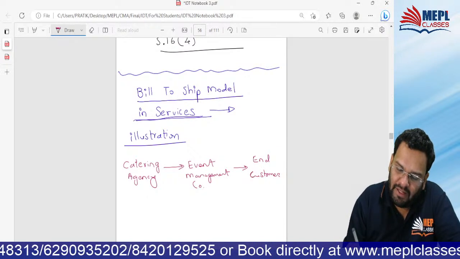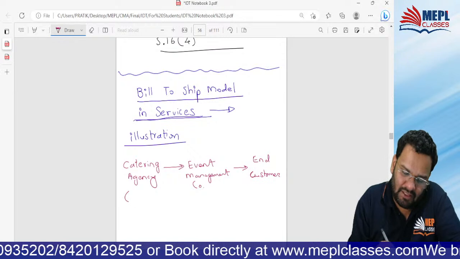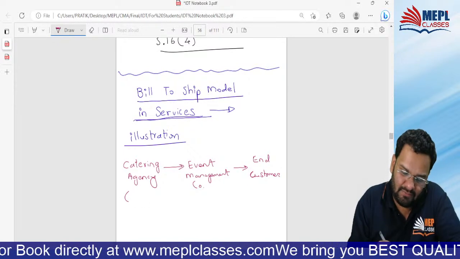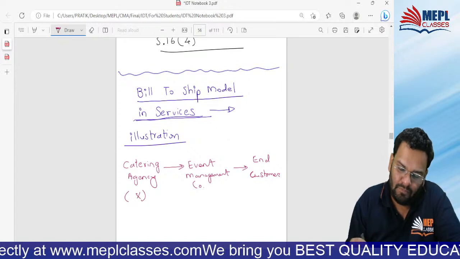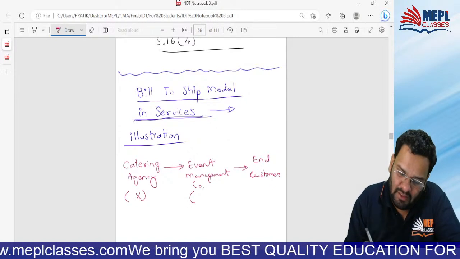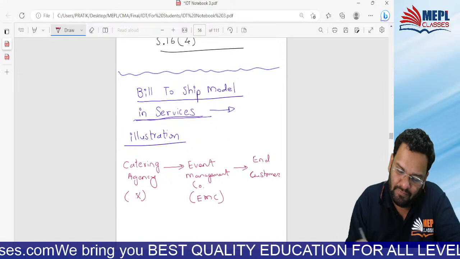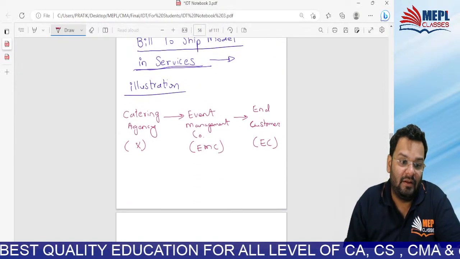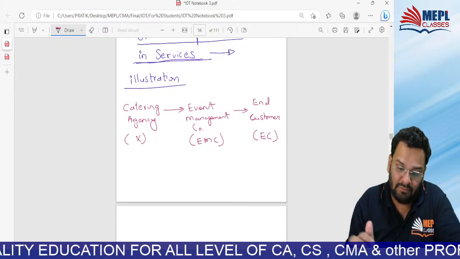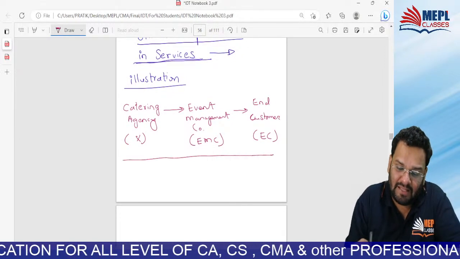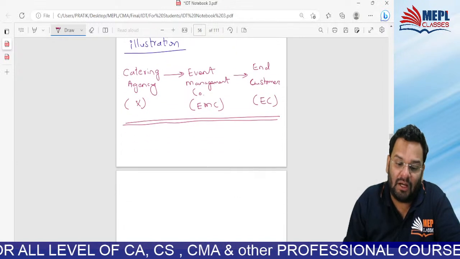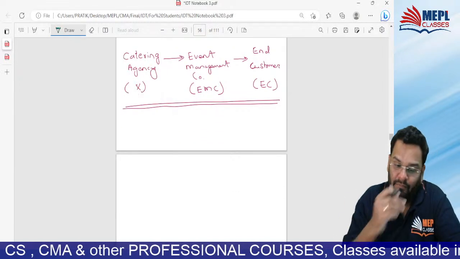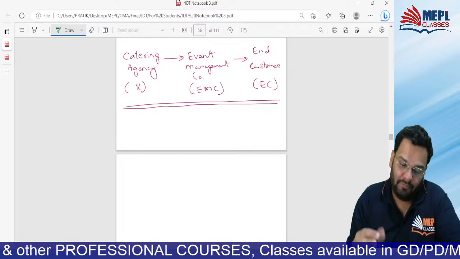Let's call the catering agency X, the event management company EMC, and the end customer EC. Now see how this arrangement will look.